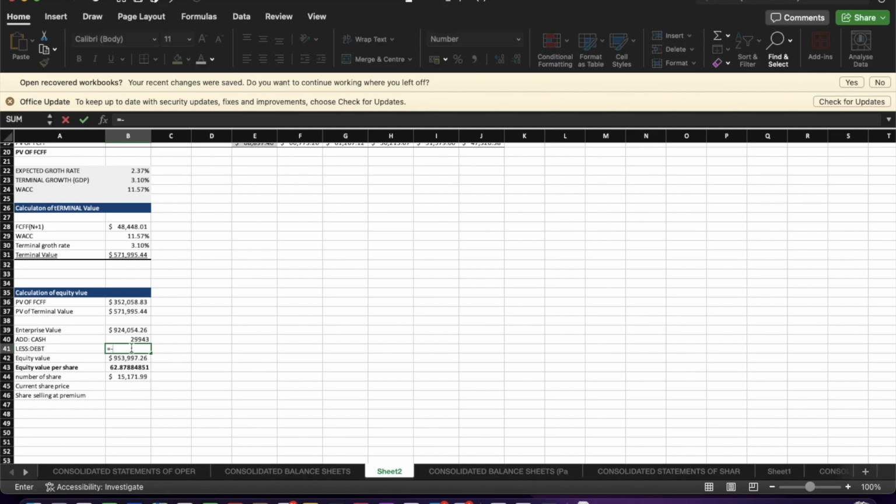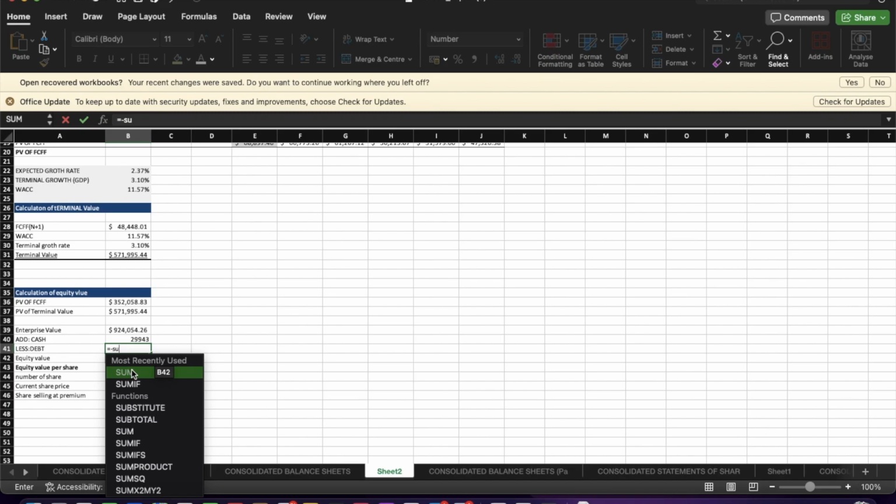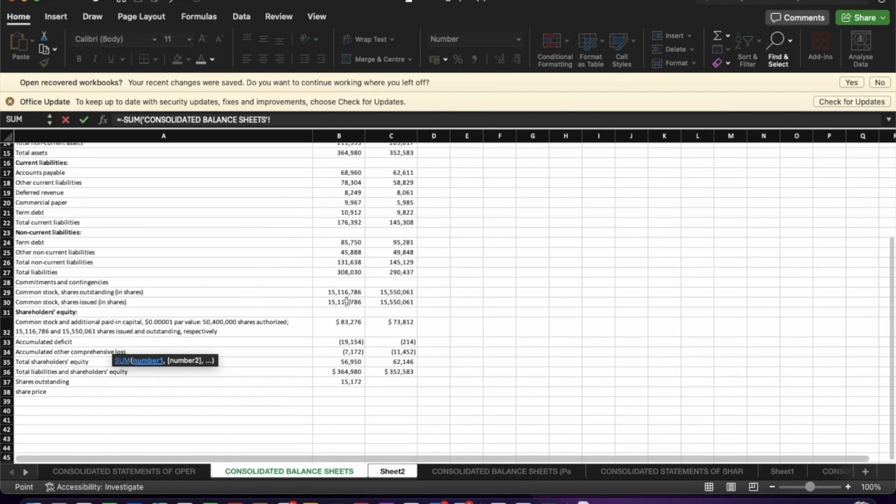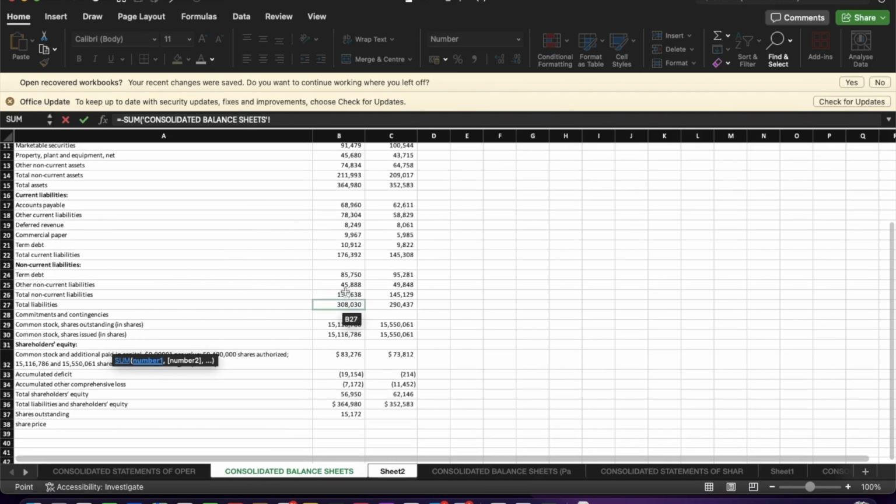So it is equal to sum, and then jump on the balance sheet, take the short-term debt, these two and these two.